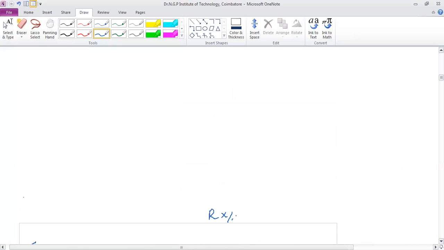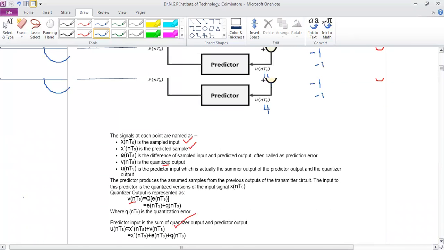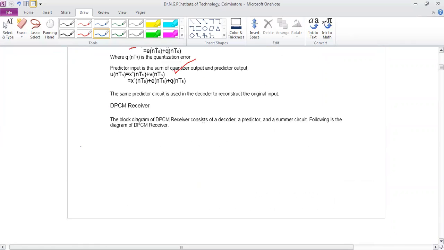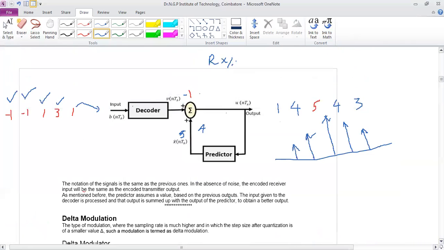Yes, this is approximately the data you have transmitted in the transmitting circuit. So 1, 4, 5, 4, 3 back. This is the way you have received the data again: 1, 4, then 5, another 4 and 3.